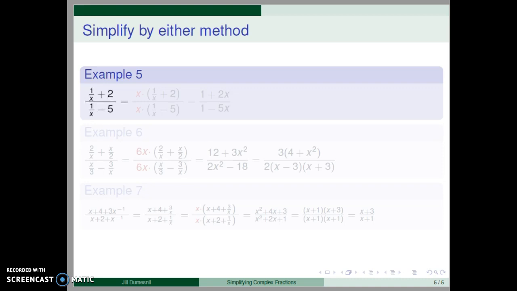Here we have to either get one fraction in the numerator and denominator so we can divide, or we can multiply the complex fraction by x over x. The second option seems like less work. When we distribute the x on top and on bottom, we get a simplified expression right away.